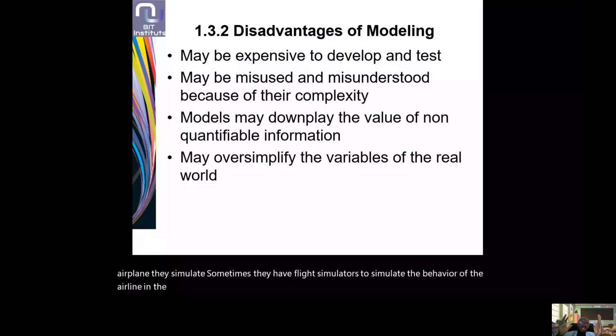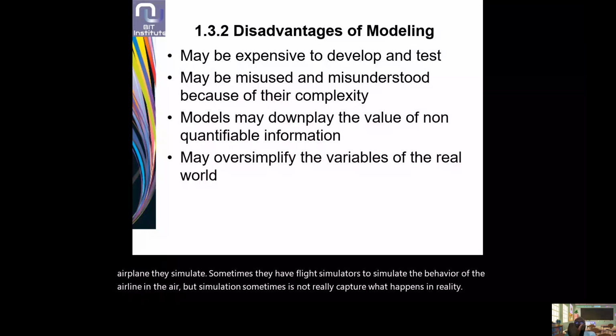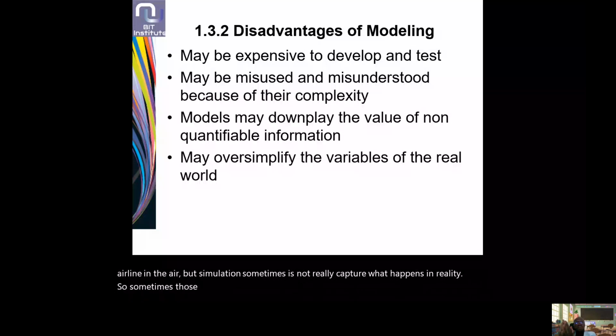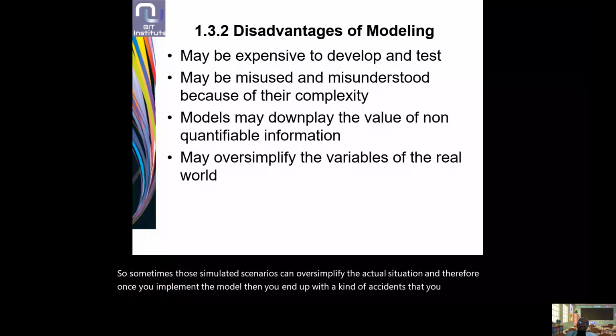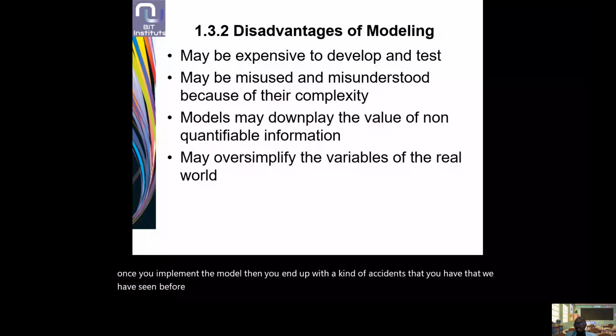But simulation sometimes does not really capture what happens in reality. So sometimes those simulated scenarios can oversimplify the actual situation. And therefore, once you actually implement the model, then you end up with the kind of accidents that we have seen before, for instance, in the airline industry in the recent past.